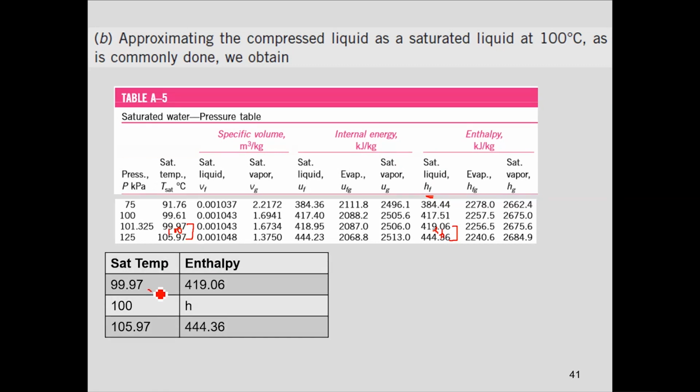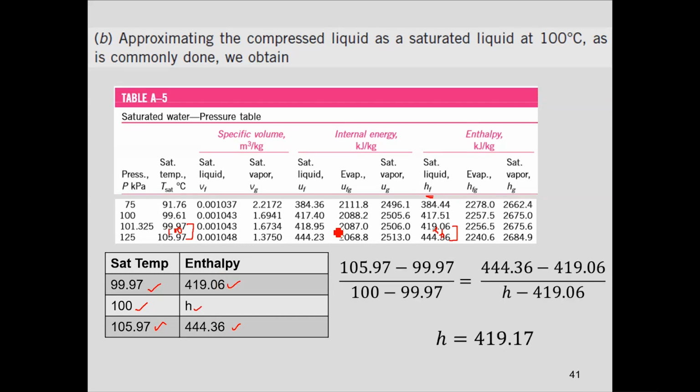So 99.97 enthalpy is this, 105.97 enthalpy is this. You'll do the interpolation and the value comes out to be 419.17. Now this value, if we compare it with the compressed liquid value, gives you an error of about 2.6%.